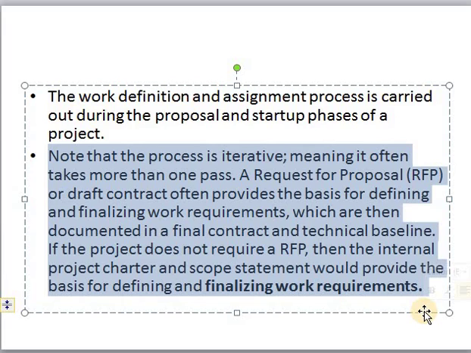So, this document will be used to define the type of the work to be performed and finalize the work requirements, which are finally documented and written in a final contract or a technical baseline.